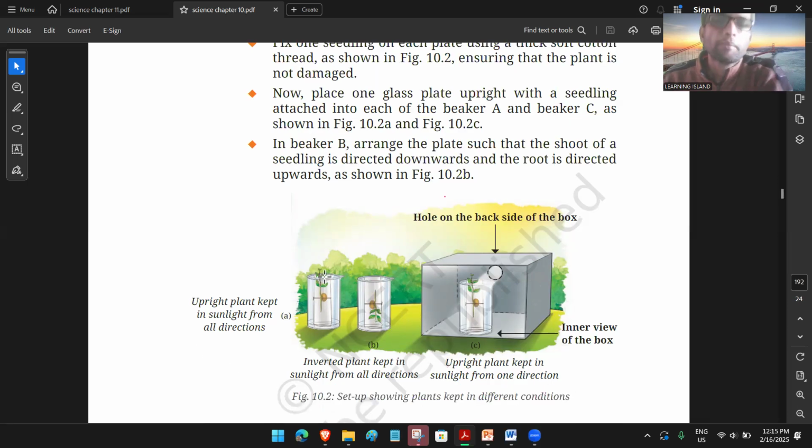देखो यहाँ पे एक प्लांट रखा हुआ है जिसमें प्लांट वर्टिकली मतलब सीधा खड़ा हुआ है, एज ए नॉर्मल। In the second top, the plant is placed in a downward direction, upside down. And in the third figure, there is a hole and the plant is placed on the top, in upside up, in normal conditions.